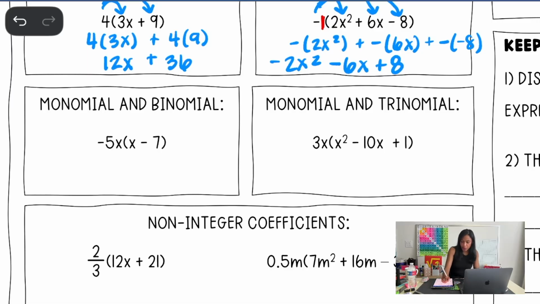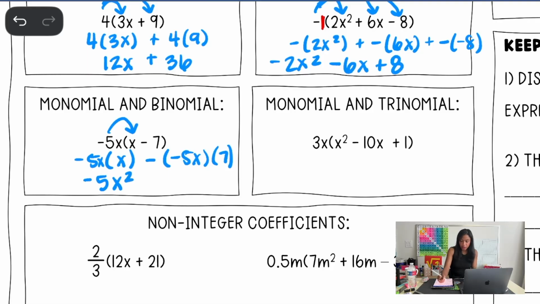Same exact process. I'm going to do negative 5x times x minus negative 5x times 7. All right, negative 5x times x. I'm going to keep my constant, negative 5. This is negative 5 times 1. And then x times x is x squared, because we have two factors of x to account for.